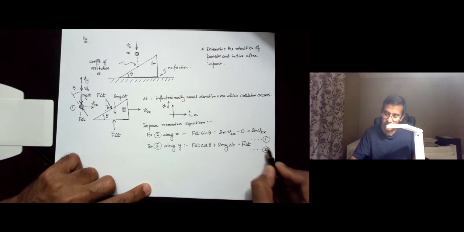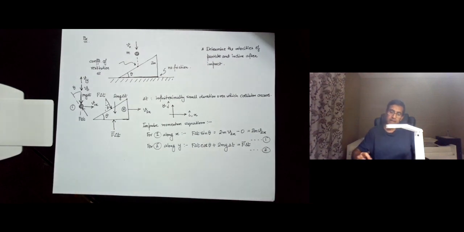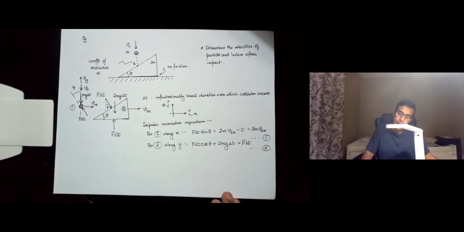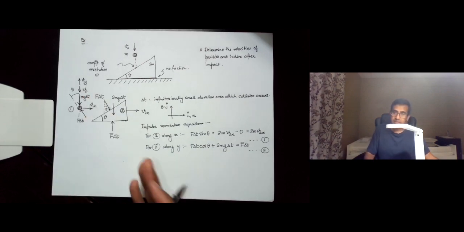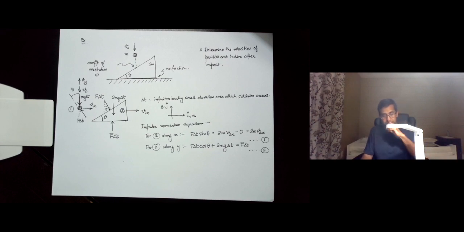So this forms our equation 2. Note that equation 2 really does not relate any momentum, it just relates the impulses along the y direction. And that is because there is no velocity of this incline along the vertical direction, because there is just the ground.